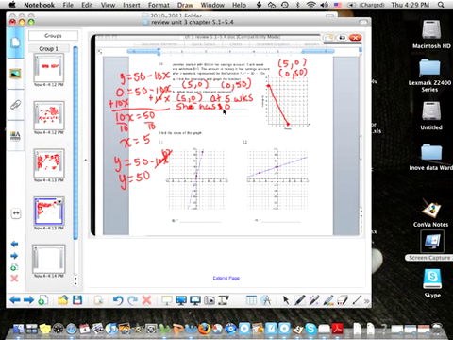She has no more money. After 5 weeks, she spent it all. So that's what that intercept means. The intercept (0, 50) basically means that at week 0, how much money does she have? She has $50. So it's pretty easy to say what the intercepts mean if you understand what an intercept is.